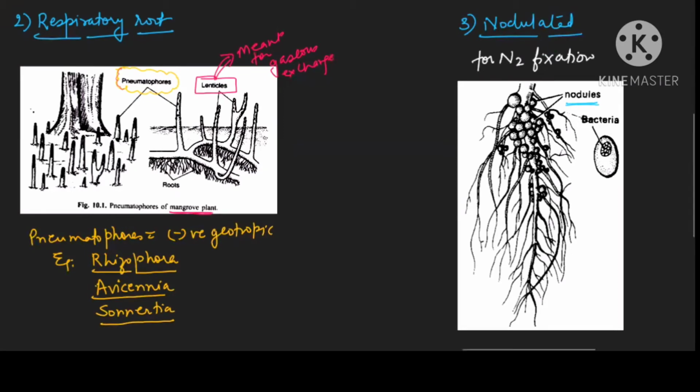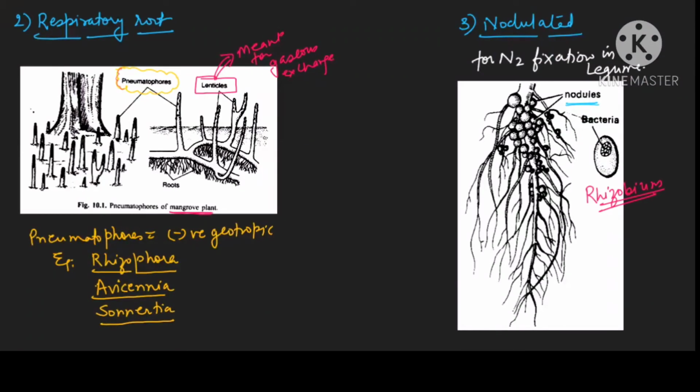Is it clear? And which bacteria? Let me write it. Generally, the bacteria which are doing this work are Rhizobium. The Rhizobium is responsible for nitrogen fixation in legume plants. So they are doing nitrogen fixation in legume plants. So these are a few modifications of the taproot system.